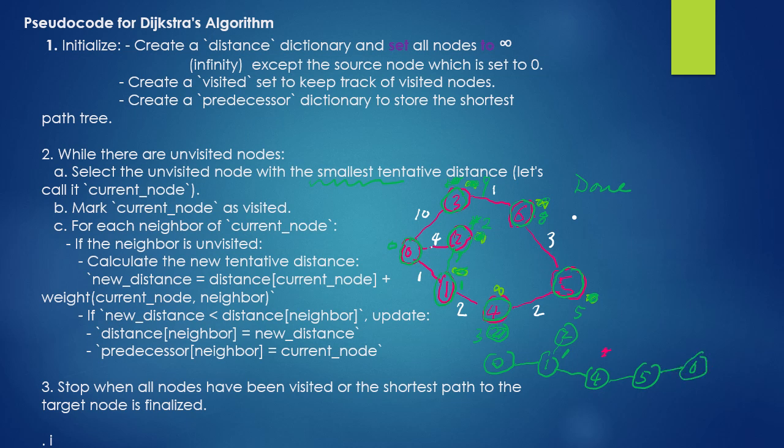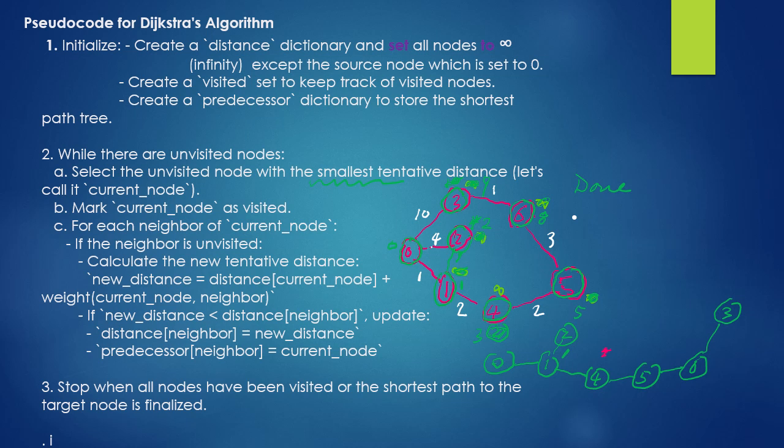Even though to begin with you go to 3, you finally figure out the shortest path, and then you actually go to 3. So let me put down the actual shortest path.